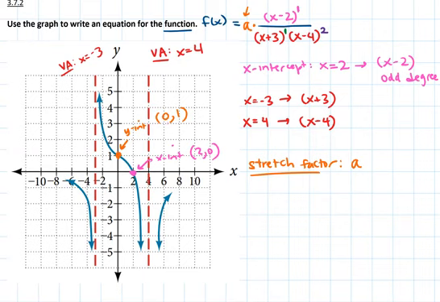And that is fine. You can plug this in, x is 2, and go from there. But sometimes that causes a little bit of trouble. It's a little rougher with calculations. Not that you can't do that, but I always like to go the nicer way first. So I'm going to use the y-intercept to help me.